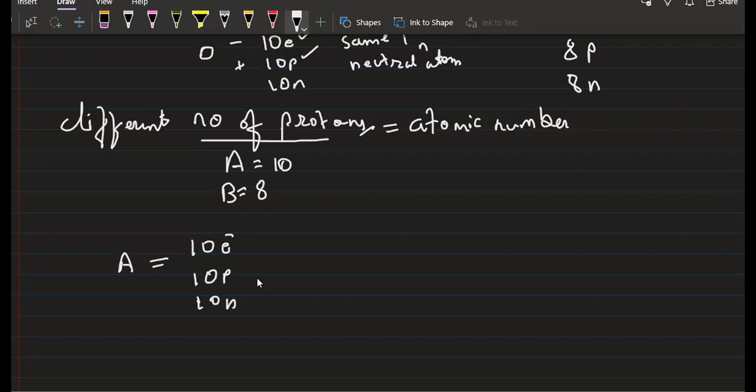So there might be a possibility that some other atom wants some electron. They will take the electron of A. Got it? And that is called your valency. Yes, Ragini, we will discuss everything in detail.